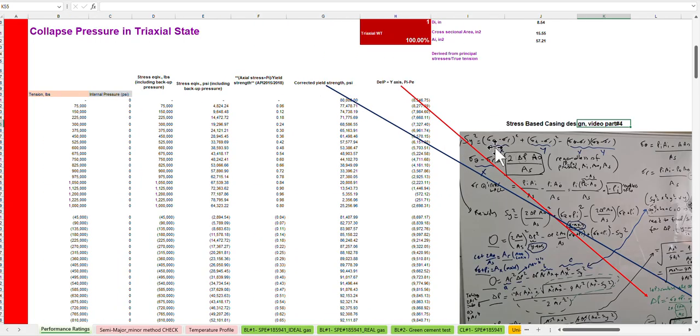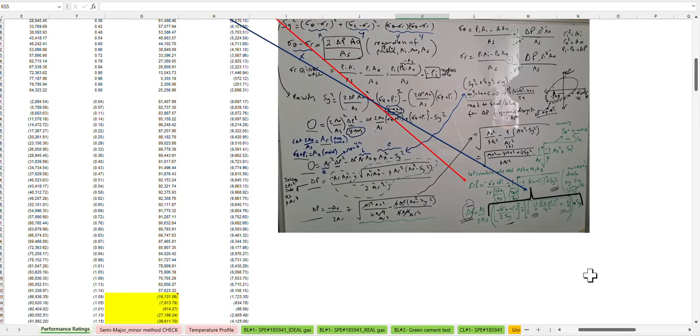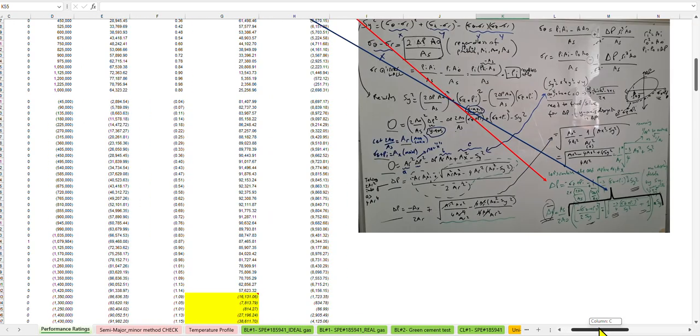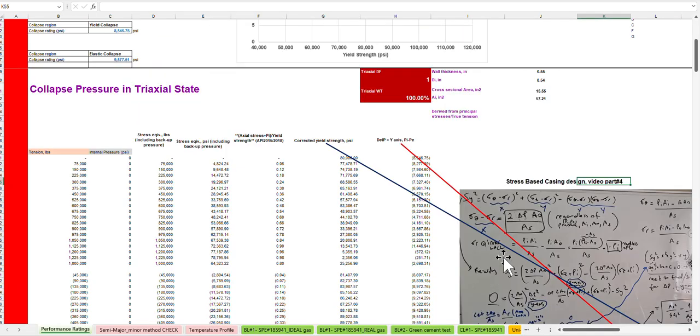So it comes from the 3 principal stresses, and then I put these stresses in a form that you can easily replace with their formula, so that you can come up with a polynomial kind of formula where a solution exists, the root exists, so that you can have a simple relationship of the differential pressure compared to the root tension plus the backup. For the collapse, the internal pressure is the backup case.